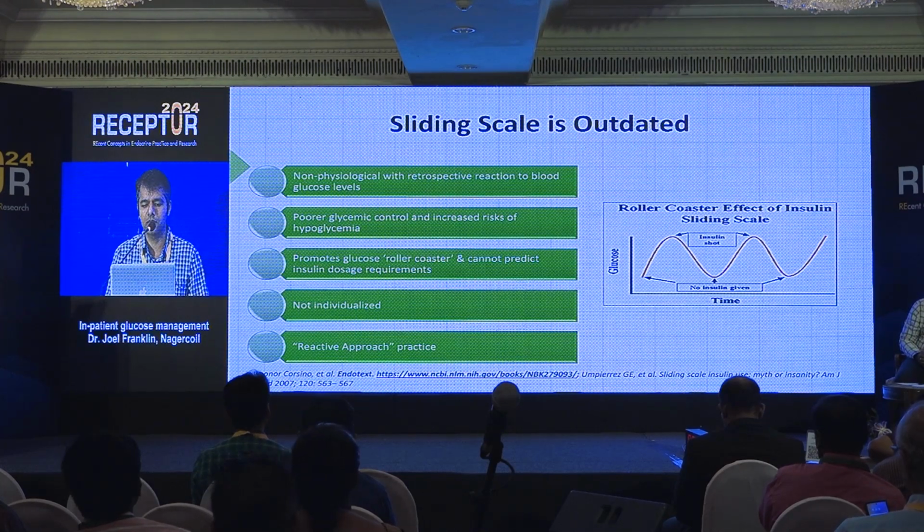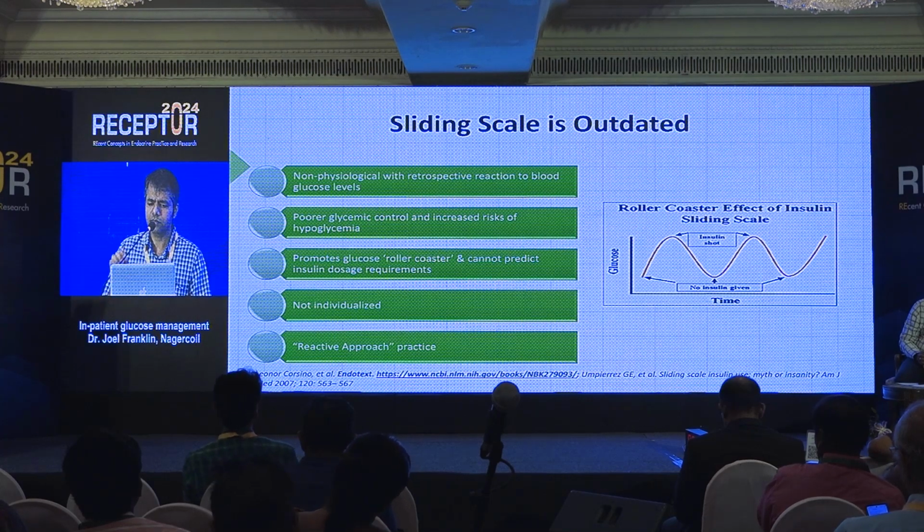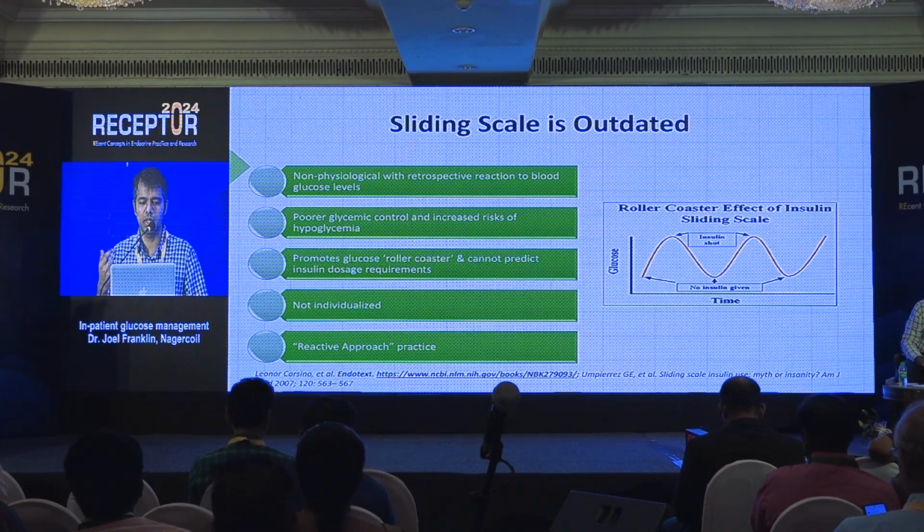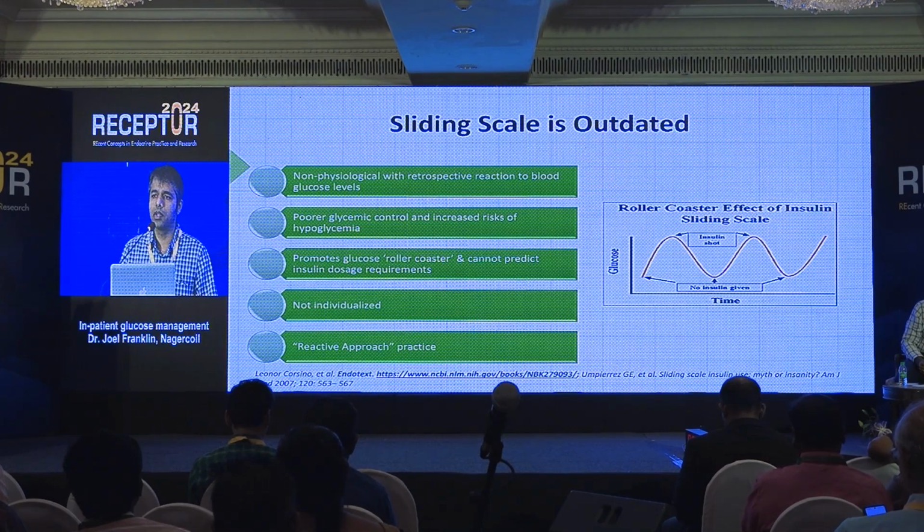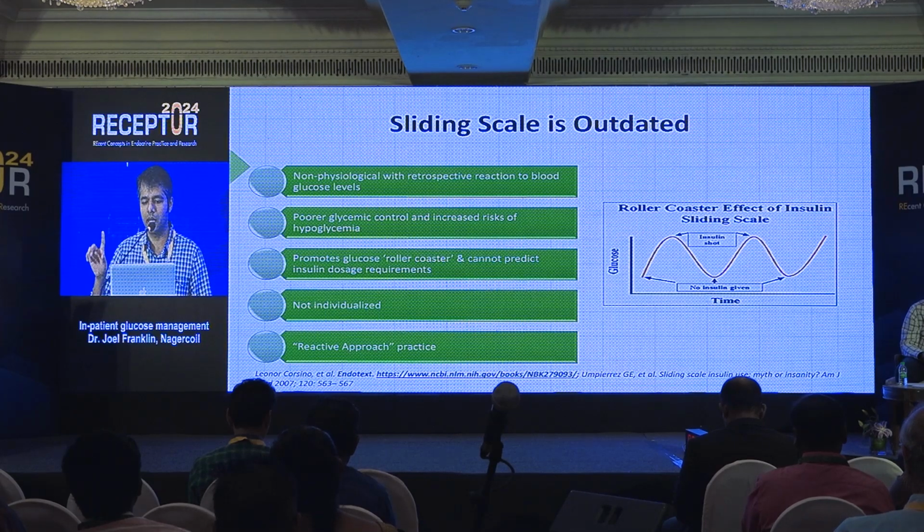Why? Because consider the sugar is 400 and you are giving 8 units. Who set it? We only decide that. We are giving 8 units of aspart, and then the sugars will drop to 250, and again there will be rebound hyperglycemia.